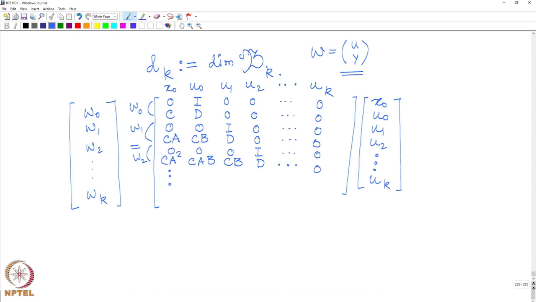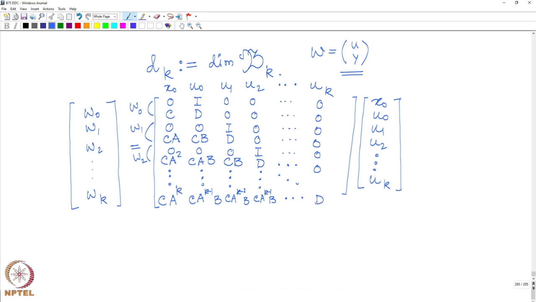This trend will continue, and Wk will be C A to the power k, C A to the power k minus 1 B, C A to the power k minus 2 B, up to D.